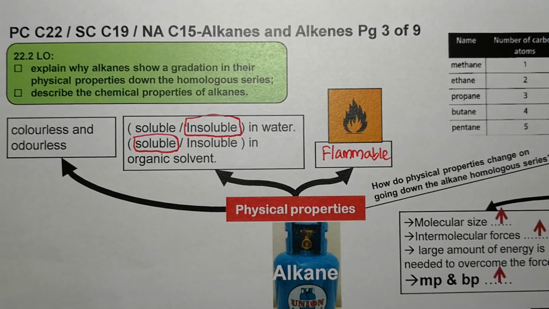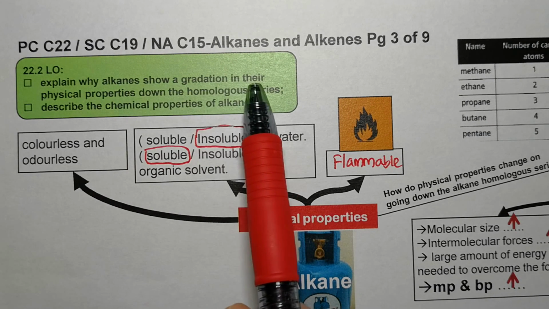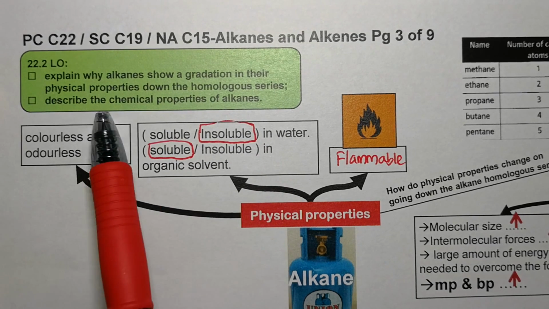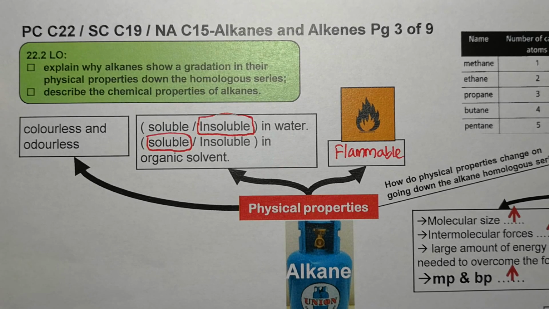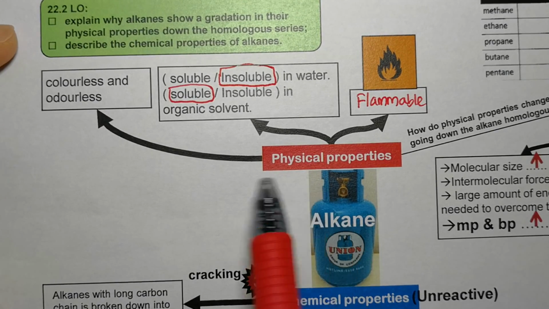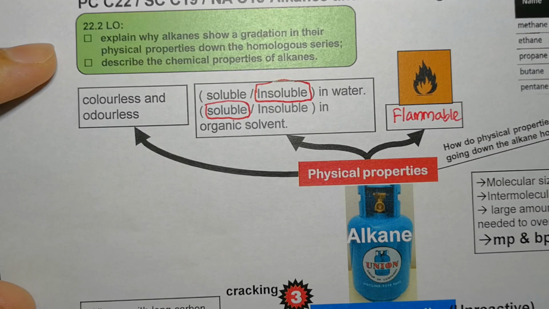Okay, now we look at the second learning objective, which is explain why alkanes show a gradation in their physical properties down the homologous series, and also describe the chemical properties of alkanes. So we now need to look at the physical properties and the chemical properties of alkane. So alkanes, all of them are colorless and odorless, alright?